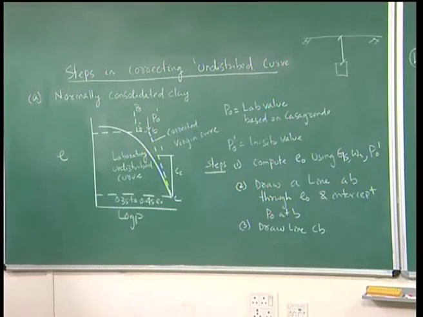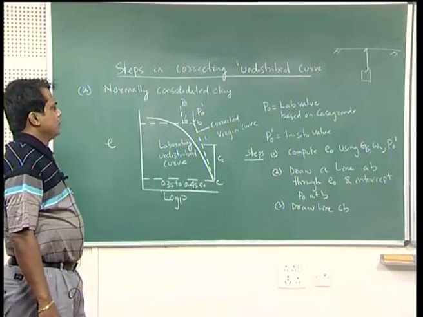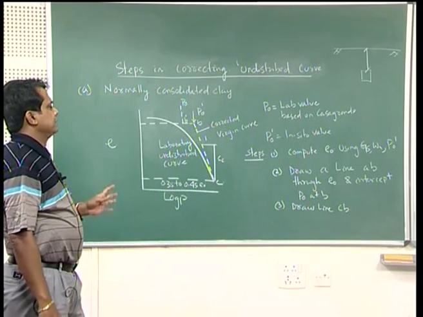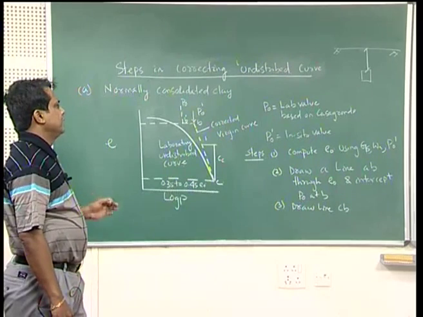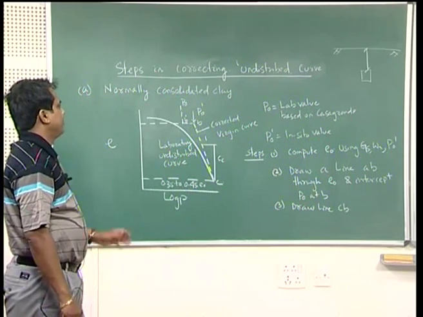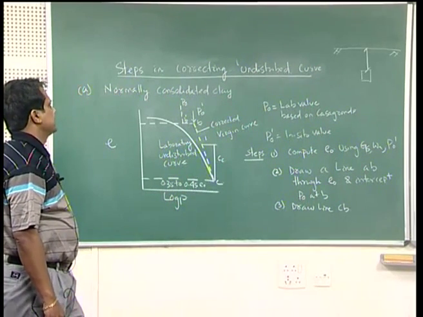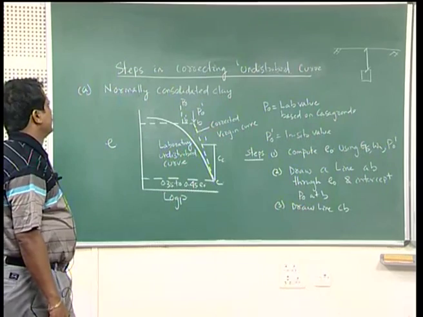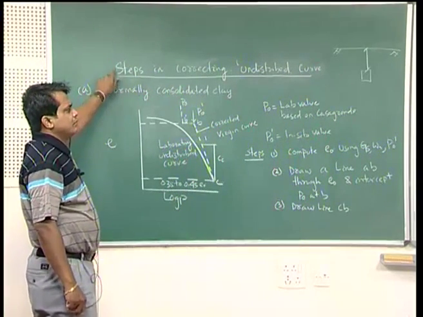So, the moment you bring it back to the lab, you go for the consolidation test. The curve you get in the laboratory is not truly representing the consolidation curve of the field. So, to do it, certain corrections are required. So, that is why I write it here: steps in correcting the undisturbed curve.